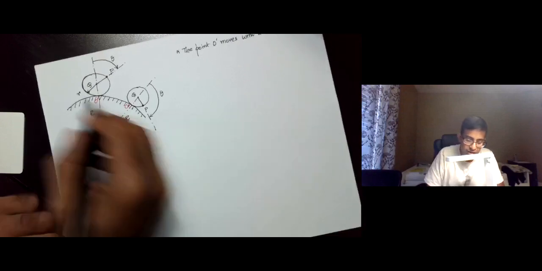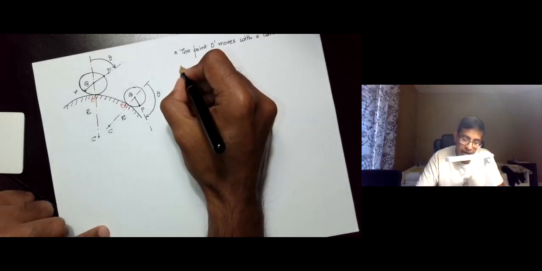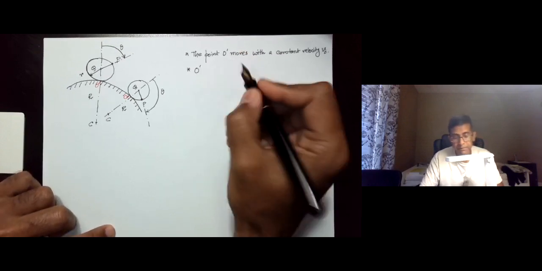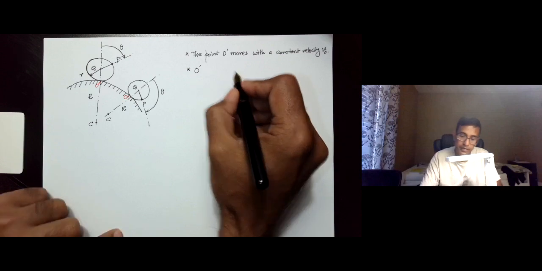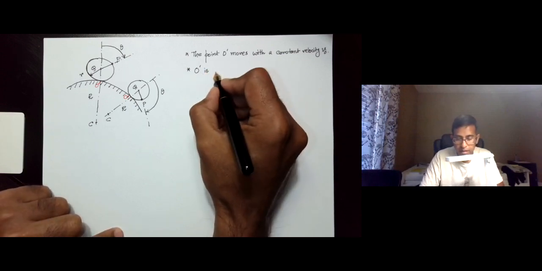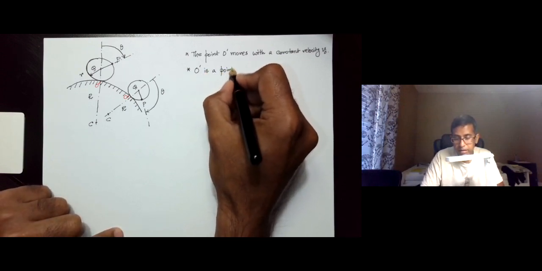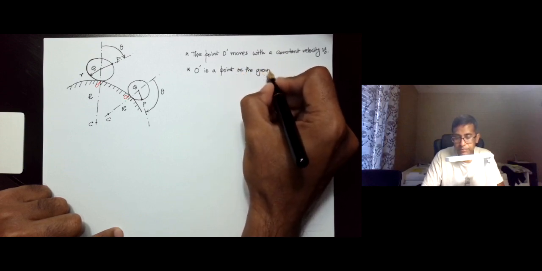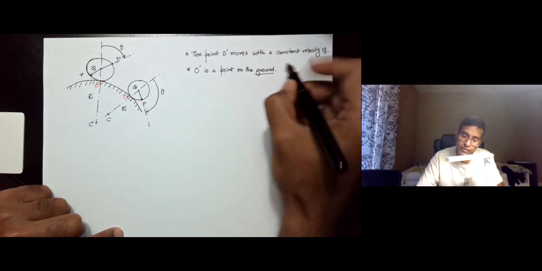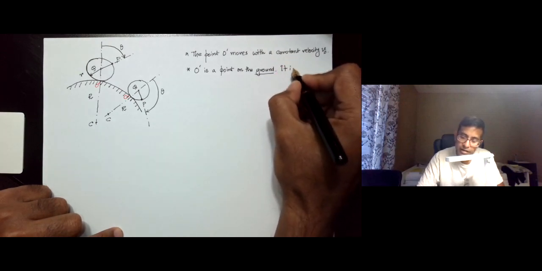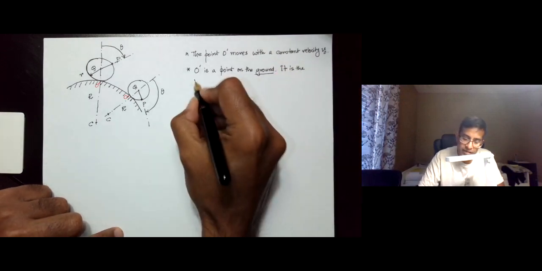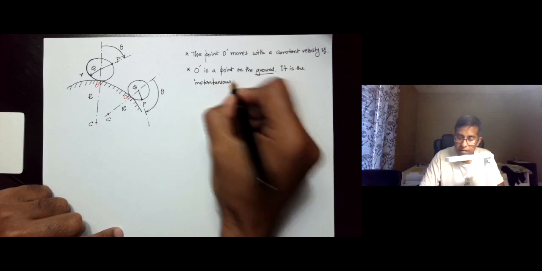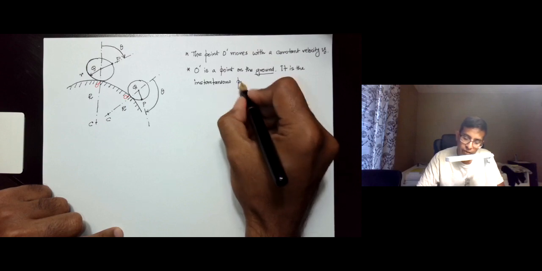So in other words, now we clarify here that O prime is a point on the ground. It is the instantaneous point of contact.